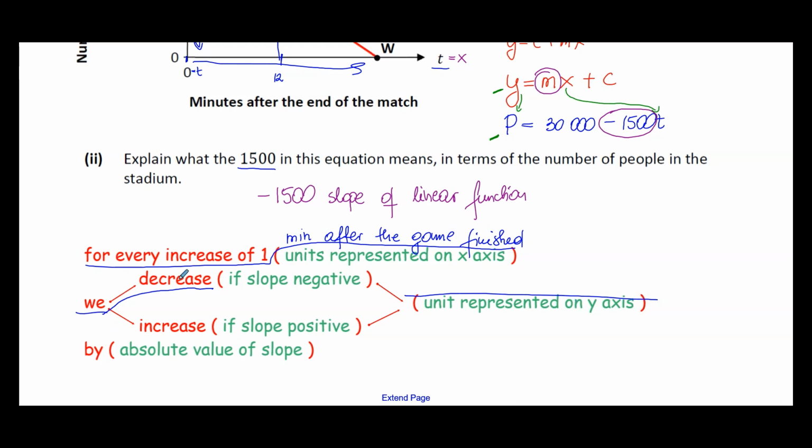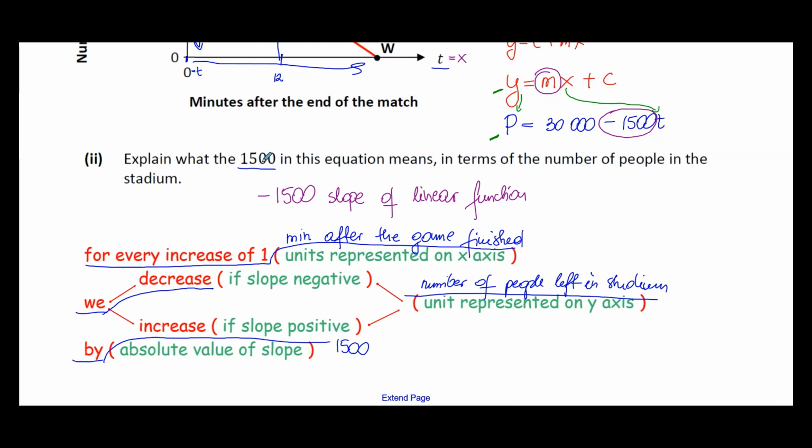So we decrease number of people left in stadium by, and here we are putting something called the absolute value of the slope. Basically what that means is we always put in the positive value of the slope, 1,500. Doesn't matter, it's negative, we always put a positive value, yeah?